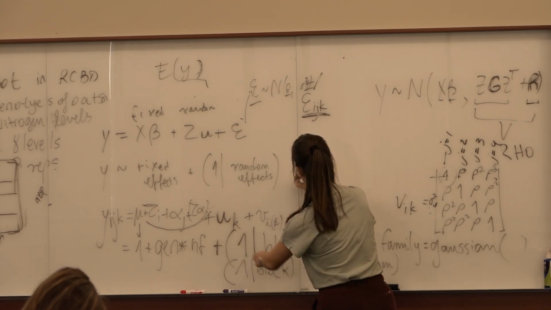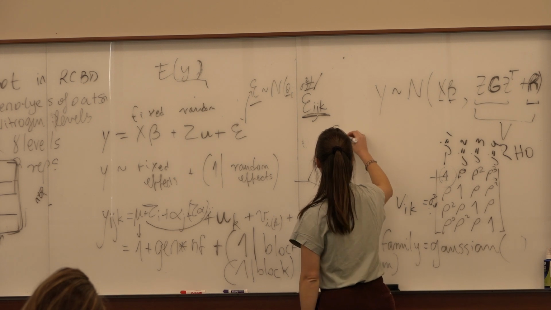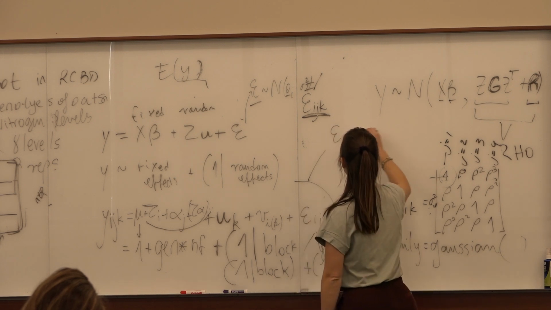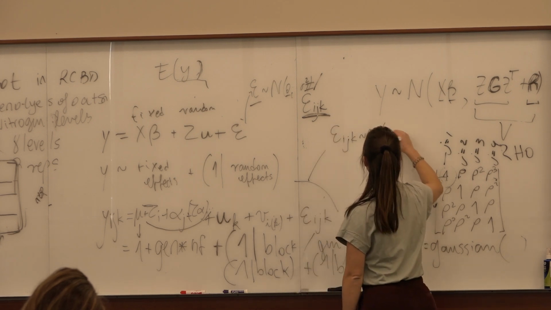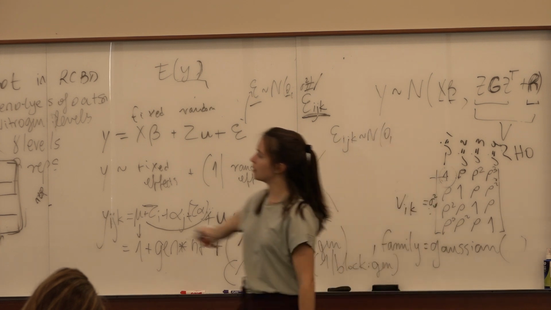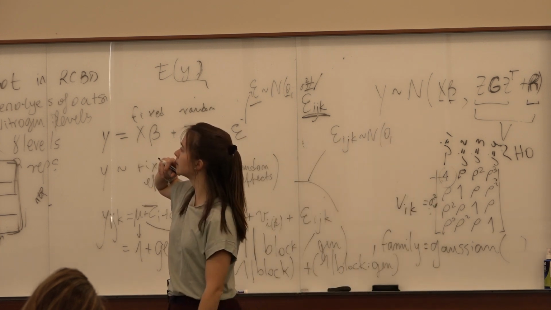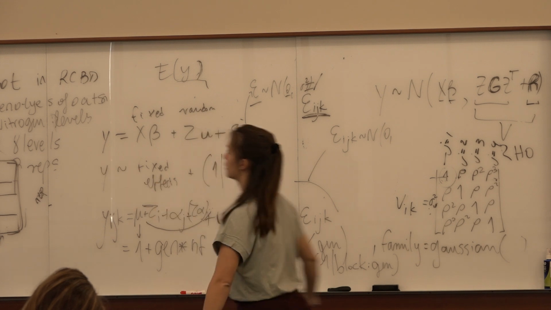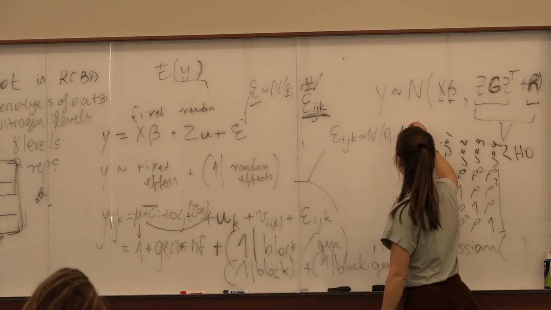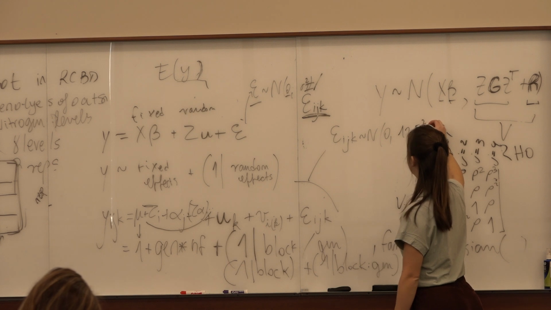When we write this out, we should also write epsilon ijk is normal, mean 0, and here sigma hat is 12.5 squared.